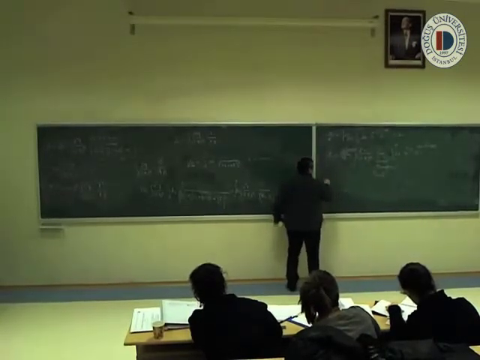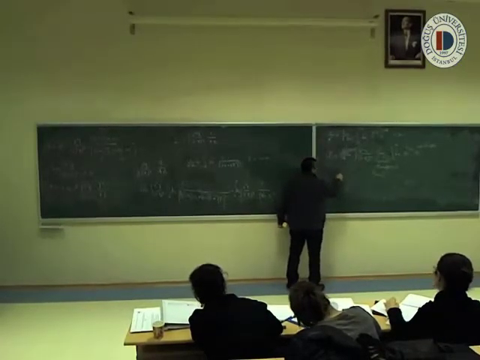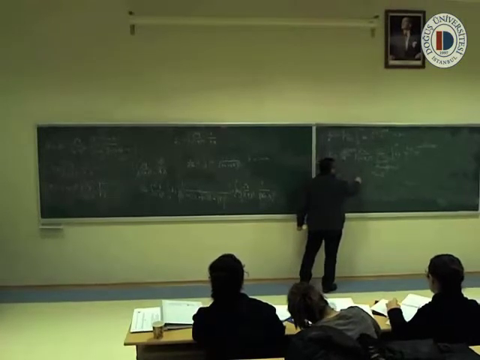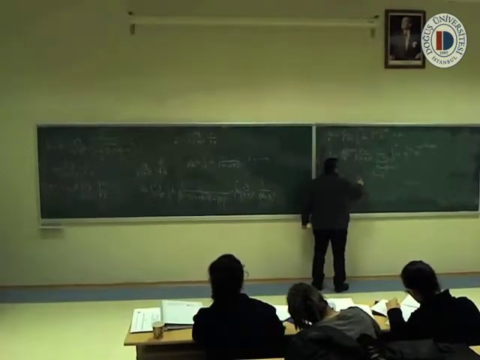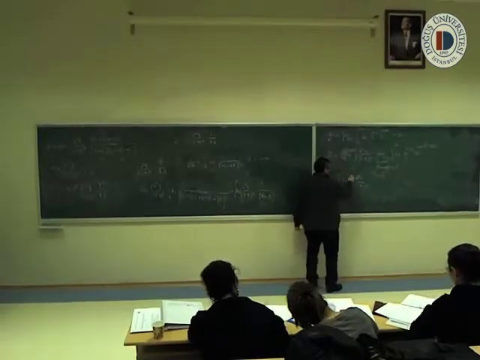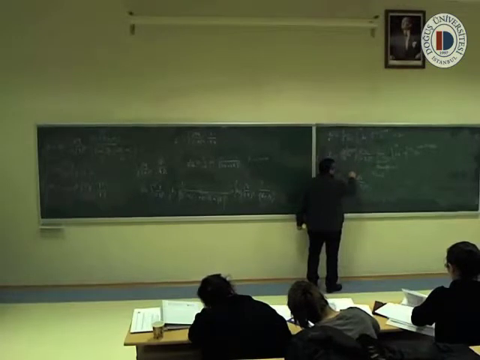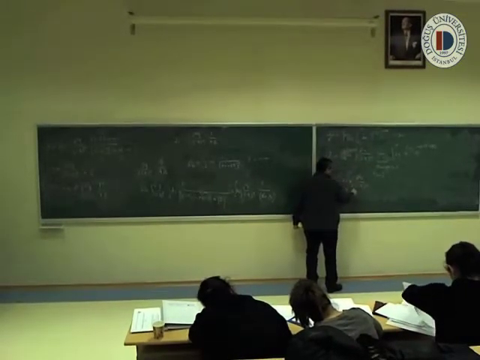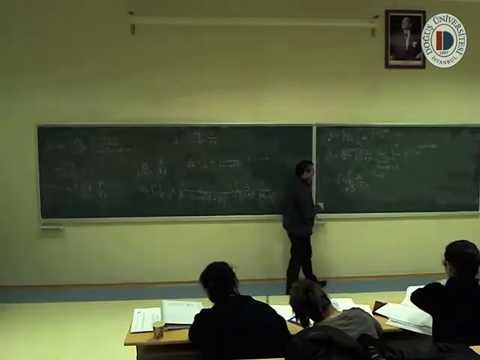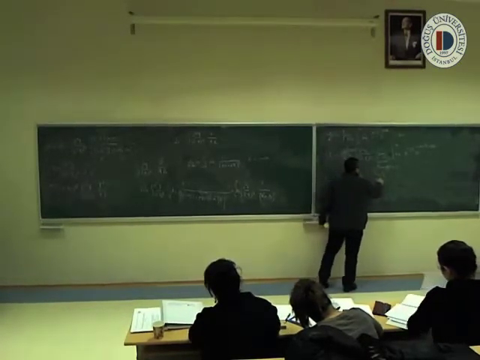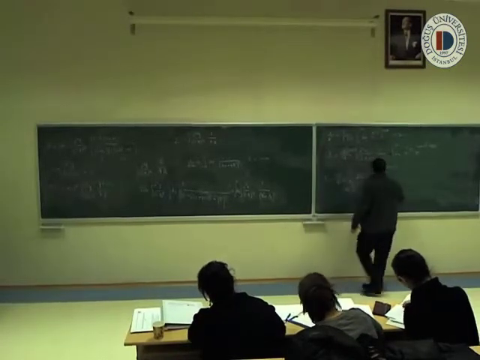So I1 will be equal to the integral from 0 to 1 dx, the integral d4k over (2 pi)^4, and also the integral from 0 to infinity d alpha. We have another alpha here, e to the power minus alpha (k squared plus delta).